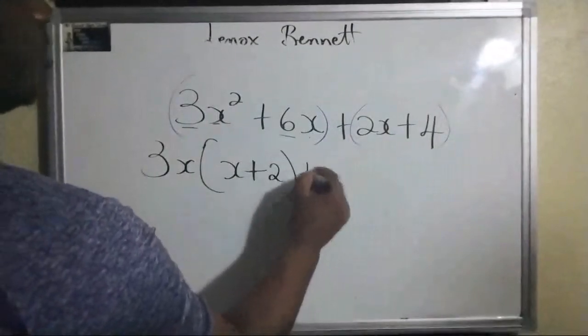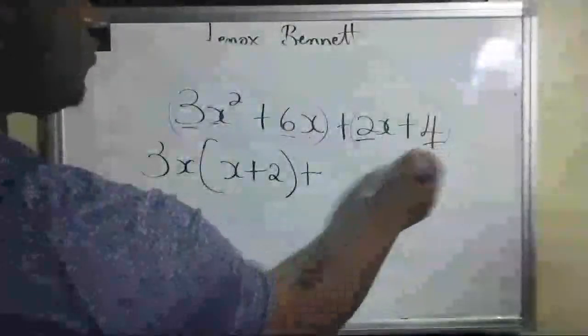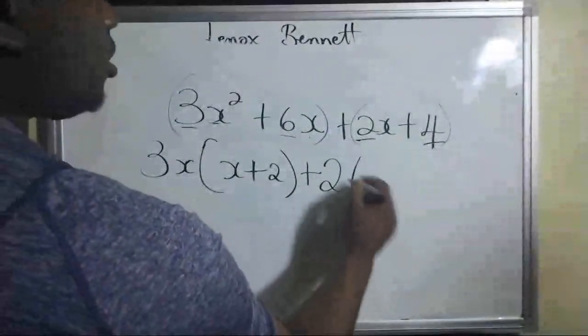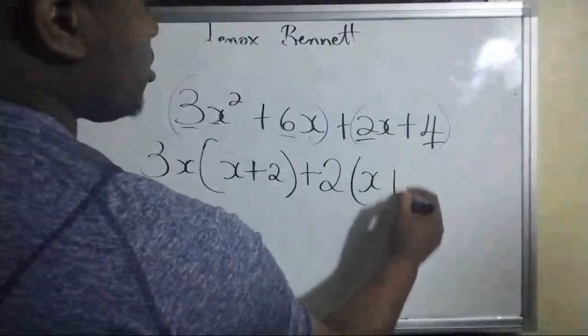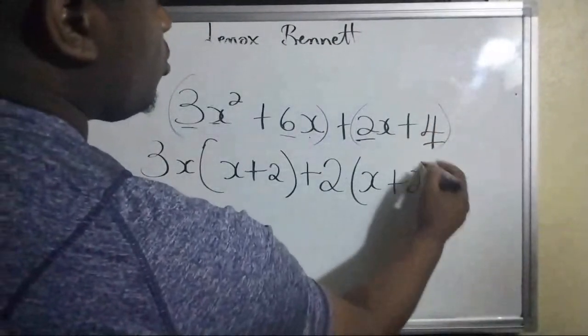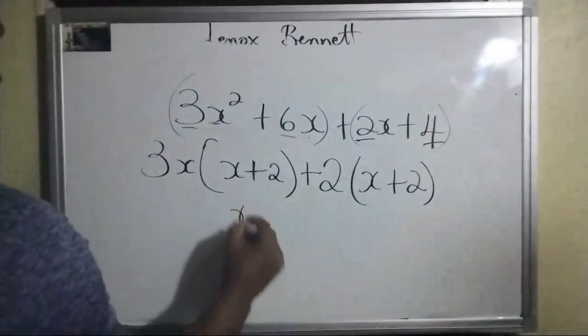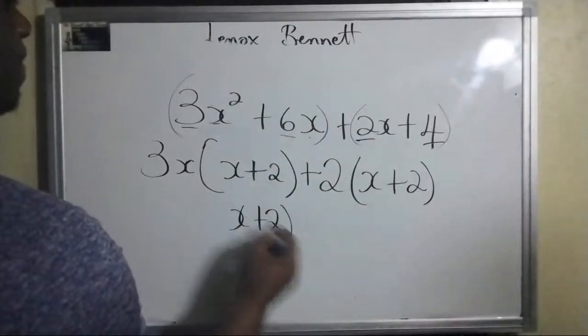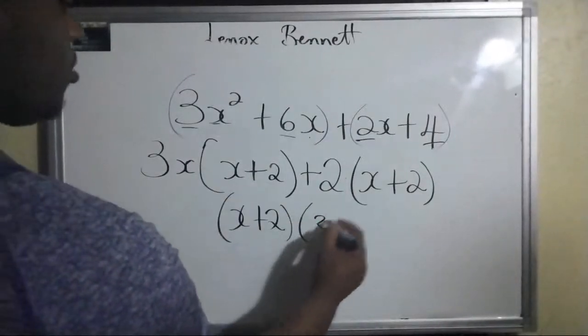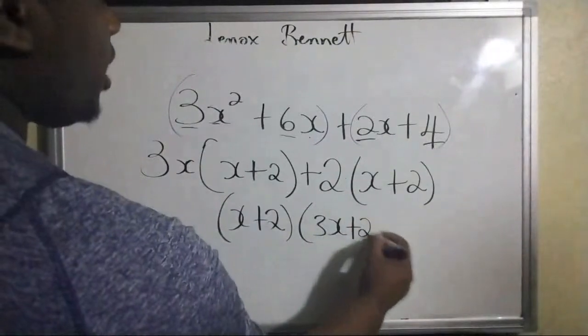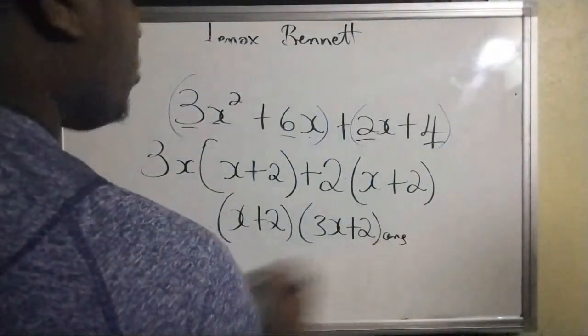So we put the plus. What's the highest number that can go into 2 and 4? That is indeed 2. 2 into 2x, that's x, and 2 into 4, 2. Very simple. So it's x plus 2 and 3x plus 2. You guys can type it in fast before me.